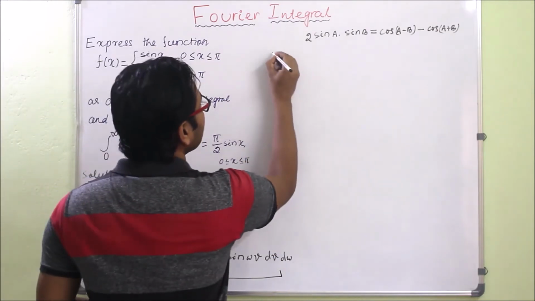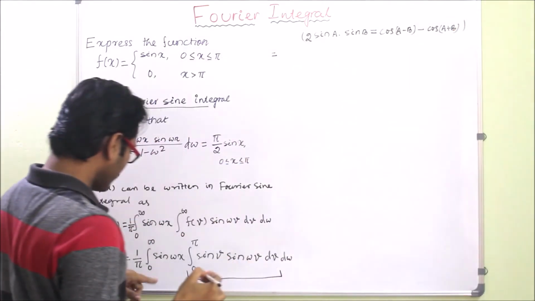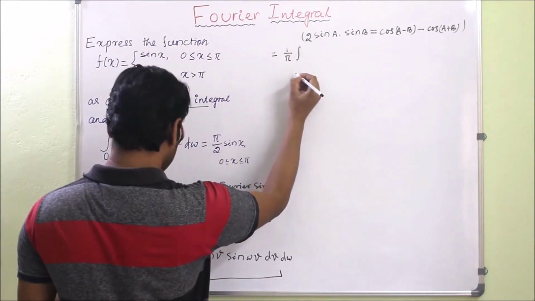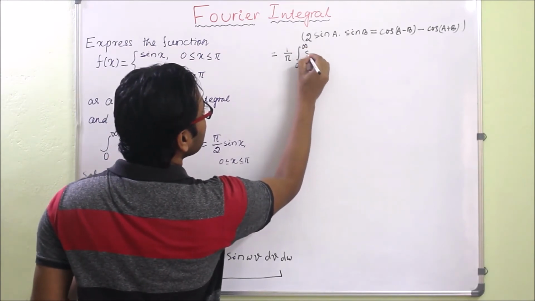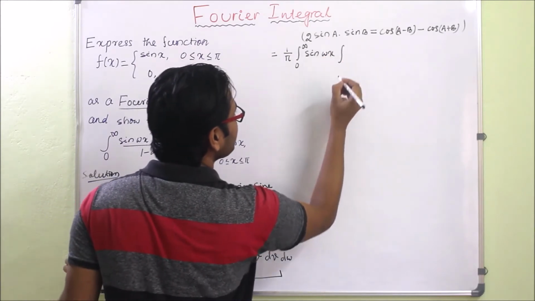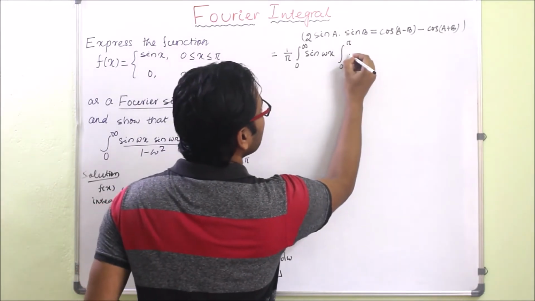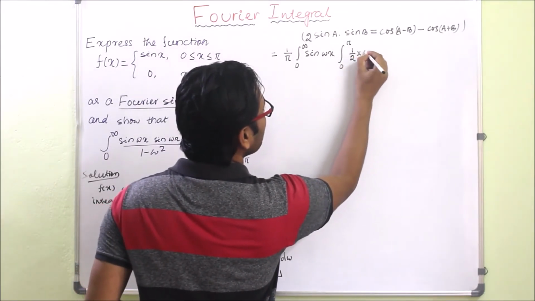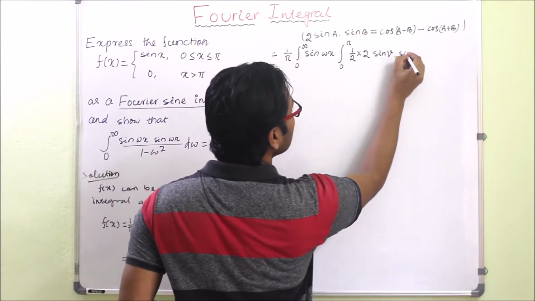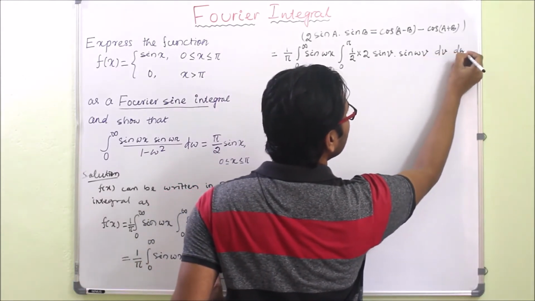So if we apply it, then f of x will be 1 by pi, which remains the same, then integral 0 to infinity sin wx, within integration 0 to pi, 1 by 2 into 2 sin v into sin wv dv dw.